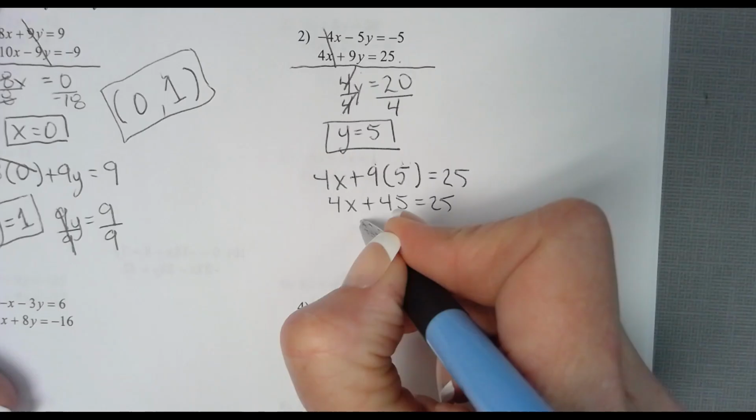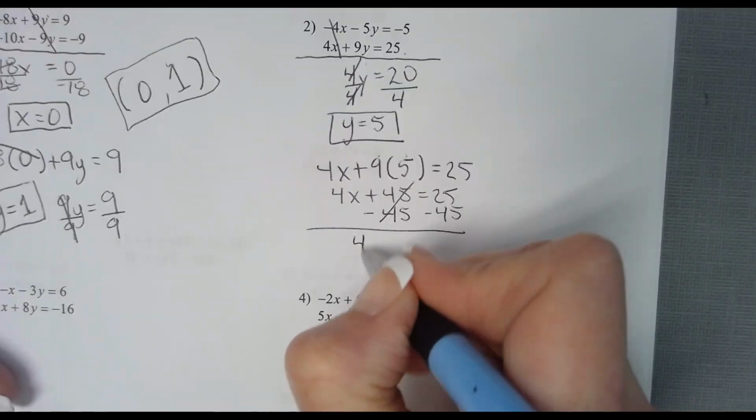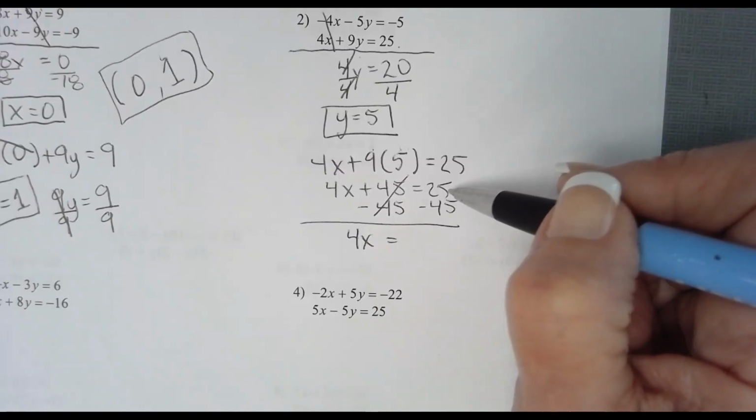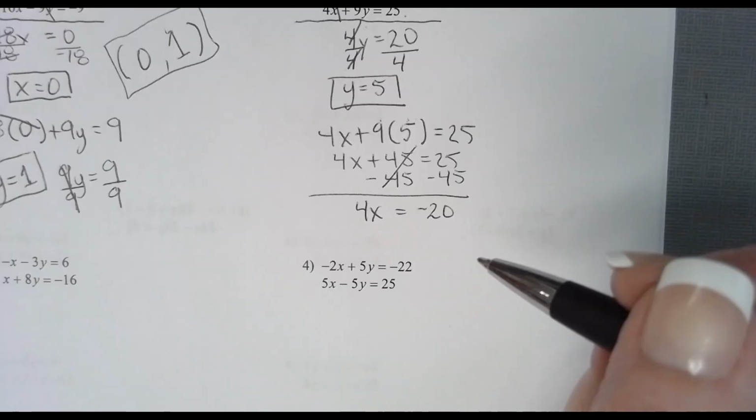So what's my first step? Subtract 45 on both sides. Bring down the 4x, bring down the equal sign, and 25 minus 45 is negative 20. It's a one-step equation now.